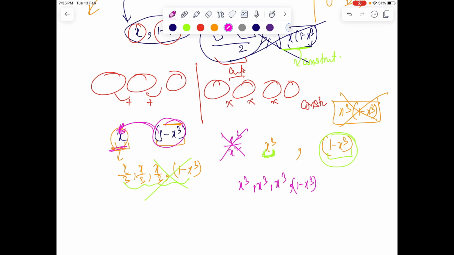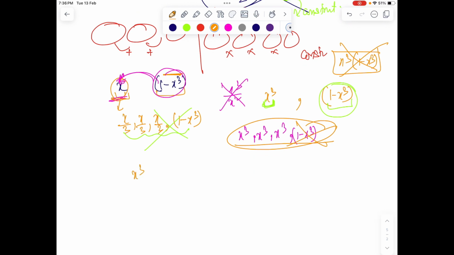What if I take x cube, x cube, x cube, and (1 minus x) cube? Well, if you do so, what are we gaining? Nothing much, because again if you add this, it will not be constant, so that's still gone.